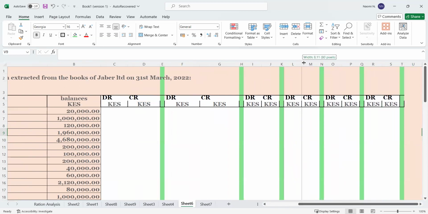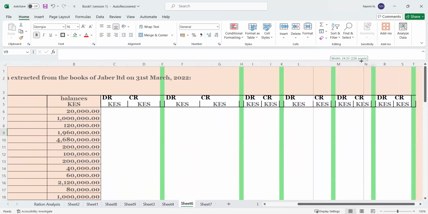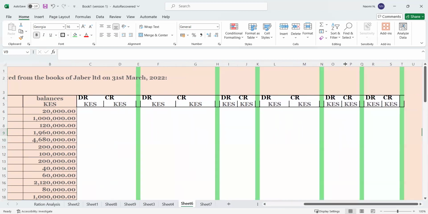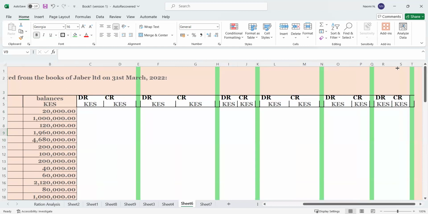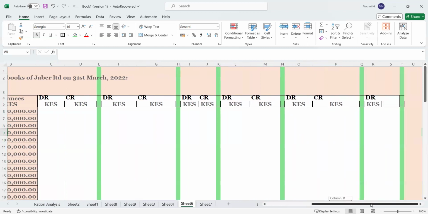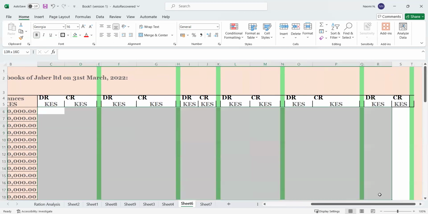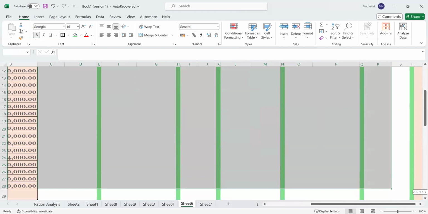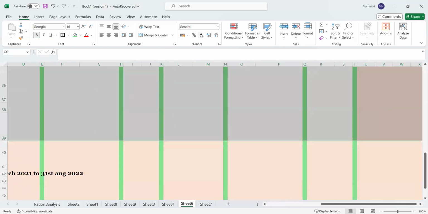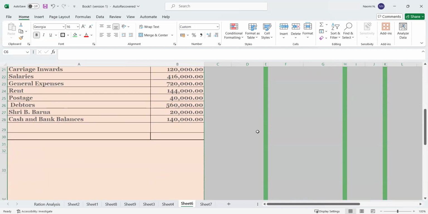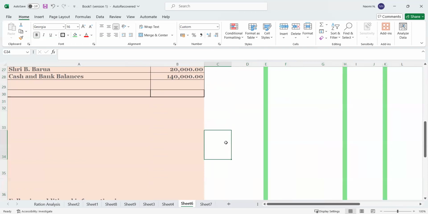So let me just expand a little bit so that our figures are clear. Here I will put my commas already.